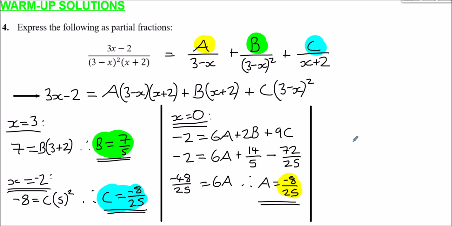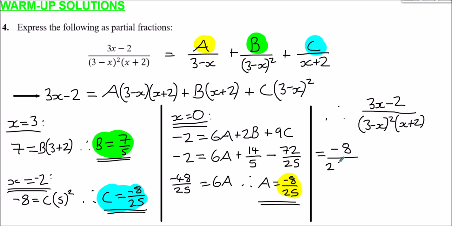So the final answer: 3x minus 2 all over 3 minus x squared times x plus 2 equals a, which is minus 8 over 25 lots of 3 minus x, plus b, which is plus 7 over 5 lots of 3 minus x all squared, and c, so minus 8 over 25 lots of x plus 2.